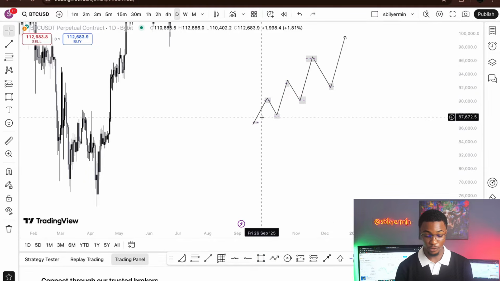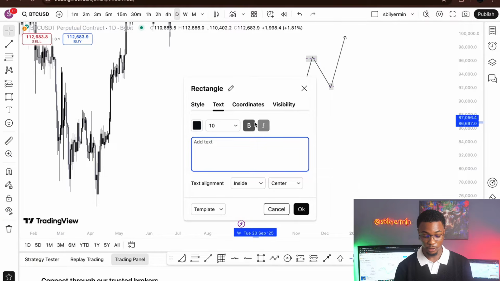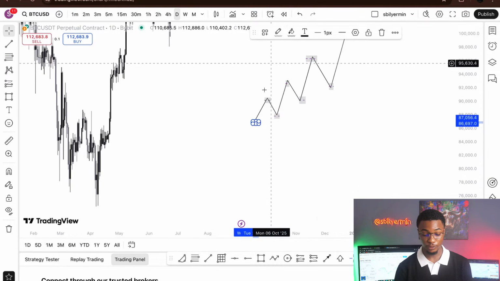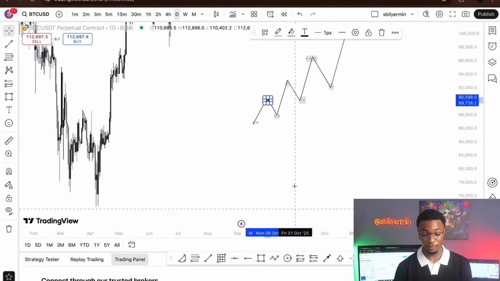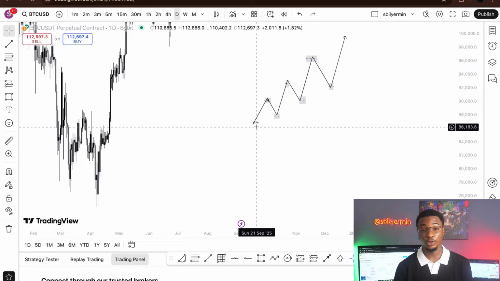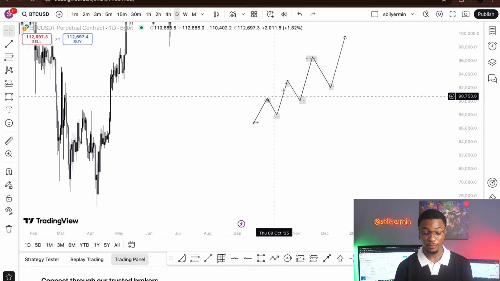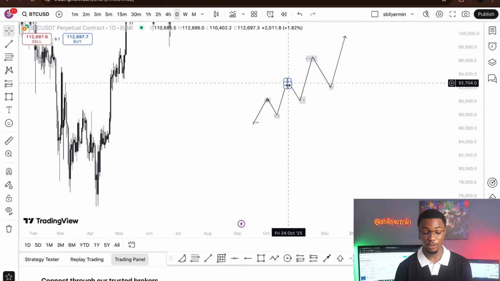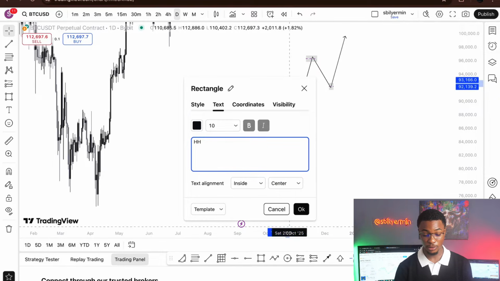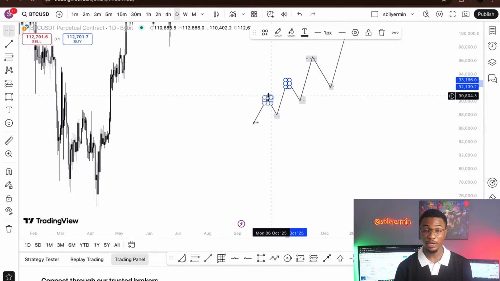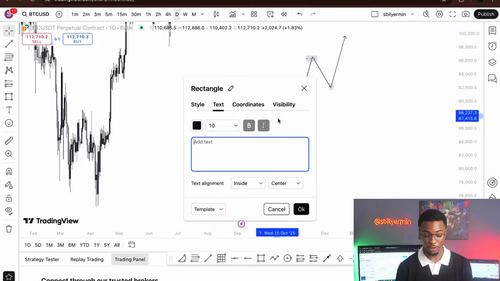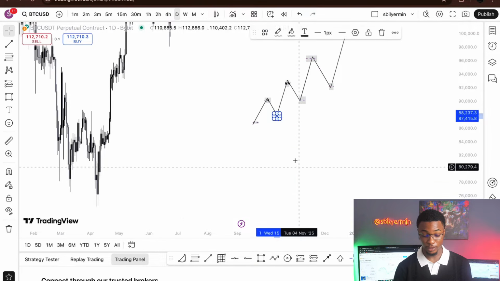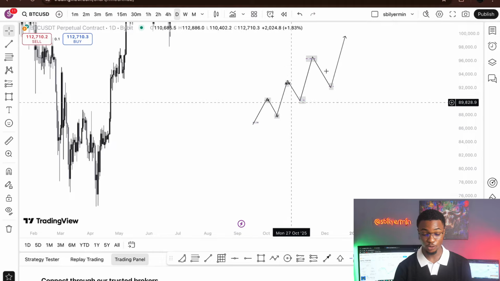Alright, previously I told you that if this is our low, this is going to be our high. This is our low, this is going to be our high. This is higher than this high, that's why we call it a higher high, because it is higher than this high. Then this is higher than this low, that's why we call it a higher low, because it is higher than this low.